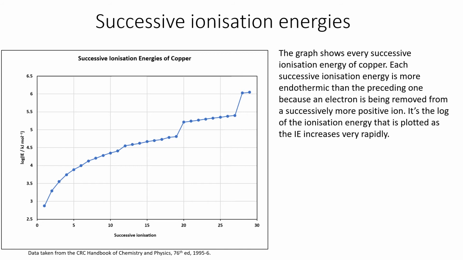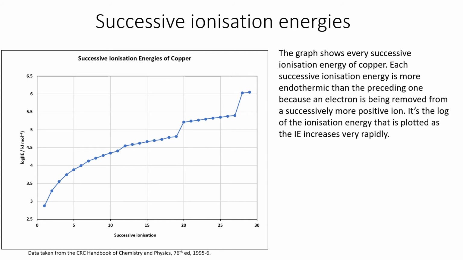If we just plotted the ionization energy, it would go up so extremely high that you wouldn't even be able to see what's going on at the bottom of the graph. So what we're plotting are the powers of 10 of these ionization energies, which just shows you how fast they're going up.